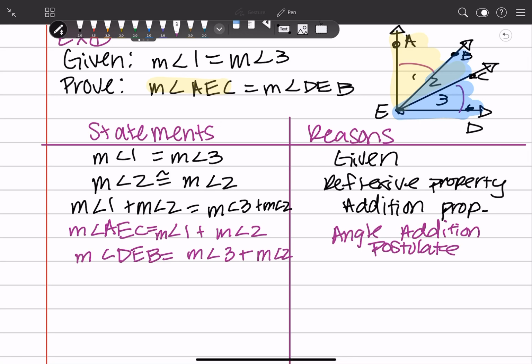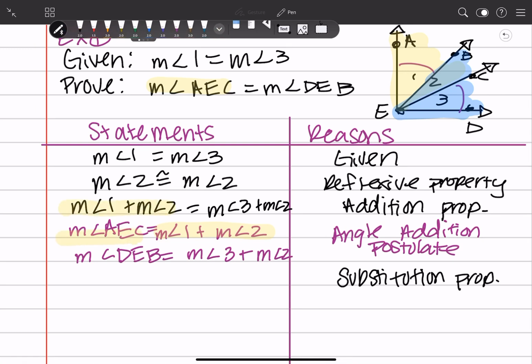Well, now, using our angle addition postulate and our substitution property, notice the measure of angle 1 and the measure of angle 2, it's the measure of angle AEC.